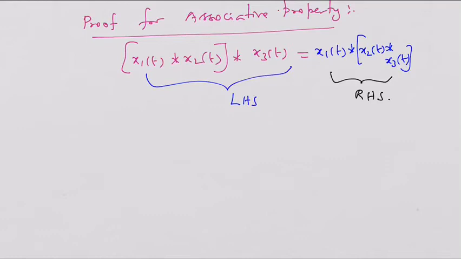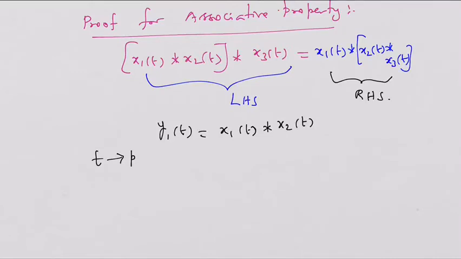Okay, let me start with a simple assumption. Say for example, y1 of t is equal to x1 of t convolved with x2 of t. How will you write this? Everywhere the t appears, it's better for me to replace t by p.